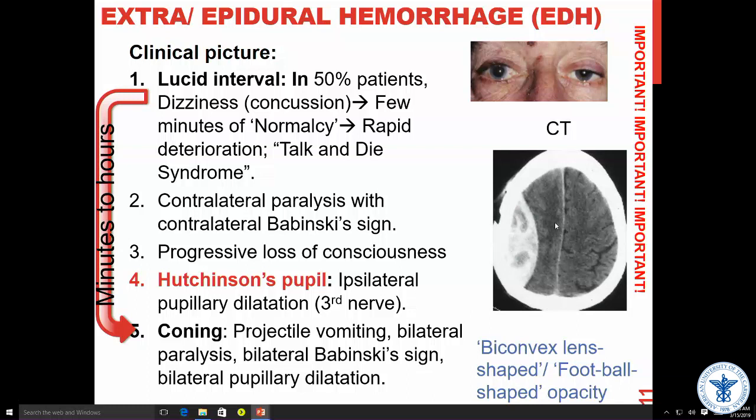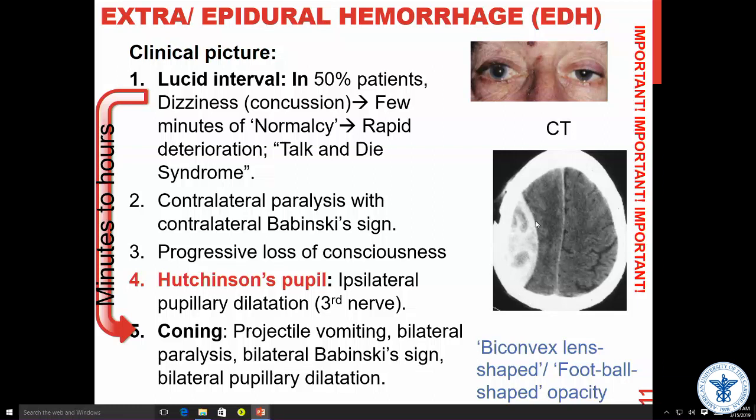Typically, you are going to see a football-shaped biconvex hematoma on the CT scan. Why? Because the dura mater is tightly adherent to the bone, and there was a fracture, and a bleed because the blood vessels are immediately injured. But because the dura mater is attached to the bone, it does not give way.